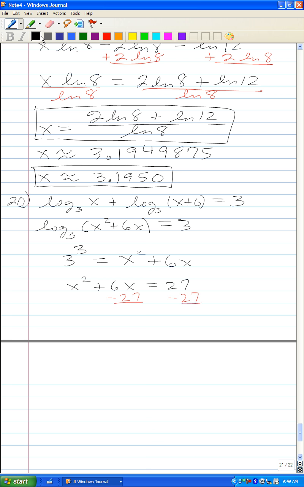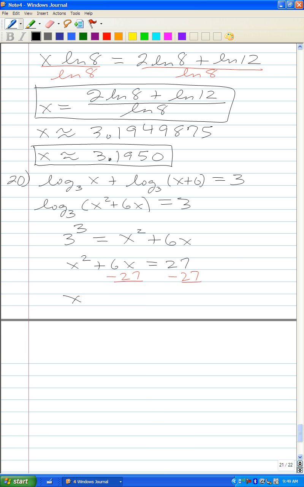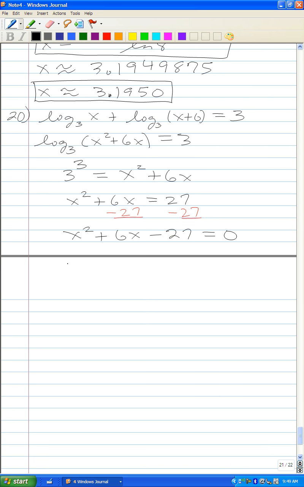And so I get x squared plus 6x minus 27 is 0. Let's see if I can factor this. It's a monic quadratic, so let's bring down the plus. Times minus is minus.